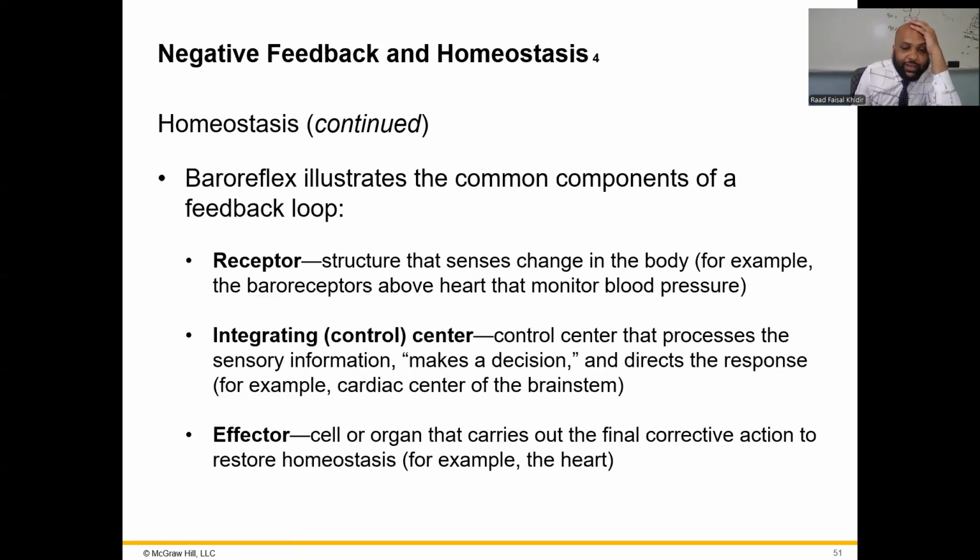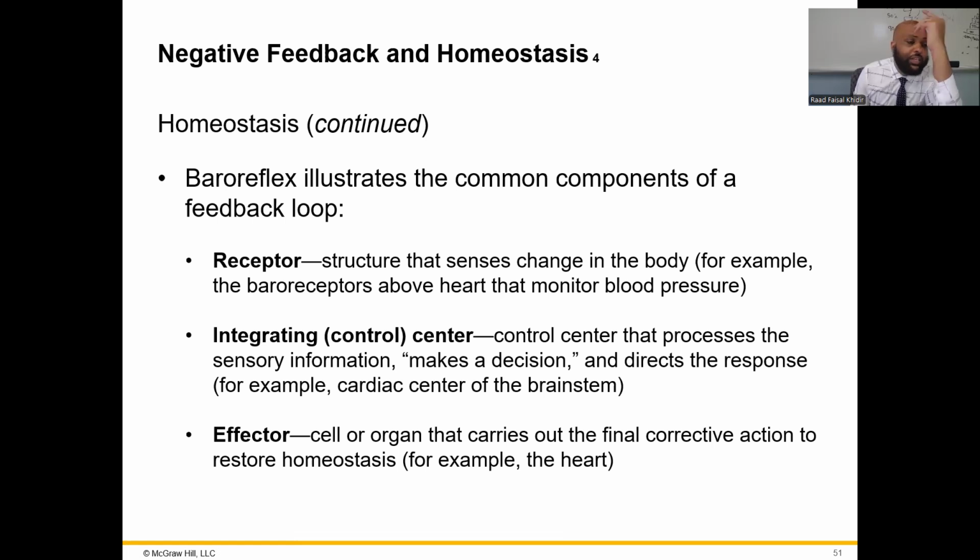Okay, the baroreflex illustrates the common components of a feedback loop. The receptor is a structure that senses change in the body, for example, the baroreceptor above the heart that monitors the blood pressure. Then there is an integrator, and that is the computer.